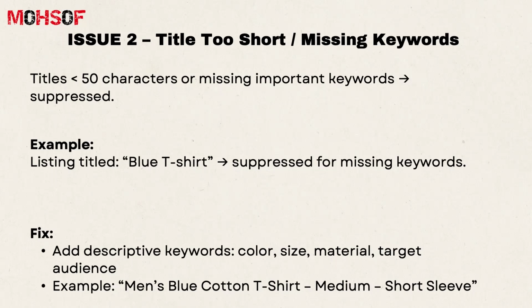You want a medium-length title which appears good and has keywords, because keywords help boost your listing. If you have keywords in the title, it gets indexed in the Amazon system, and the Amazon algorithm pushes your listing to rank higher. The correct title should have keywords like color, size, material, gender, and target audience. So we could write it as men's blue cotton t-shirt, medium, short sleeve.